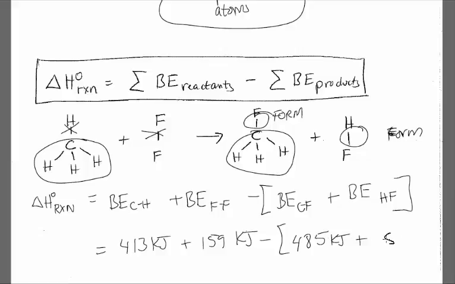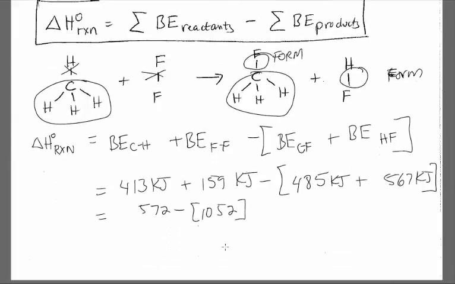And the last one is 567 kilojoules. So when we combine all these, we get 572 minus 1052, which gives us a heat of reaction of negative 480 kilojoules, which is exothermic overall because it's negative.